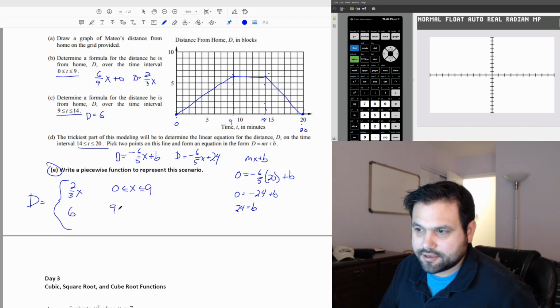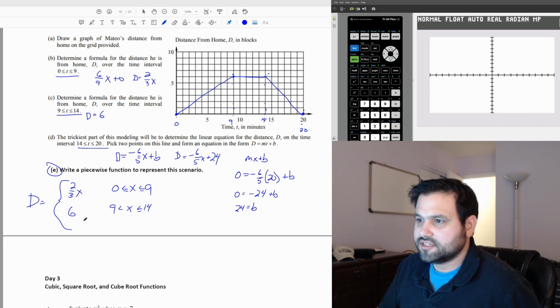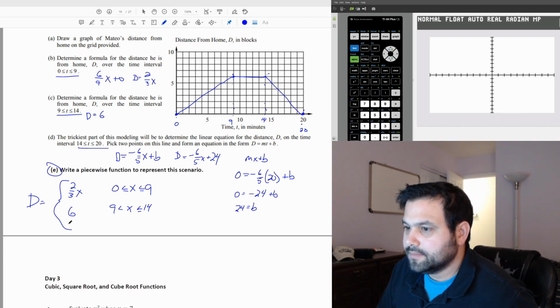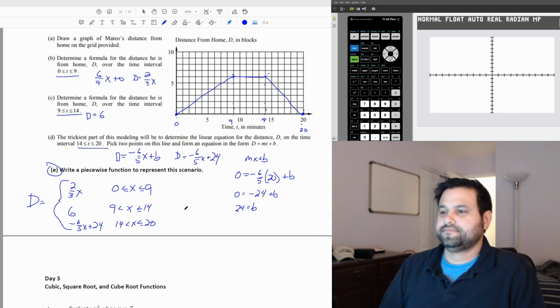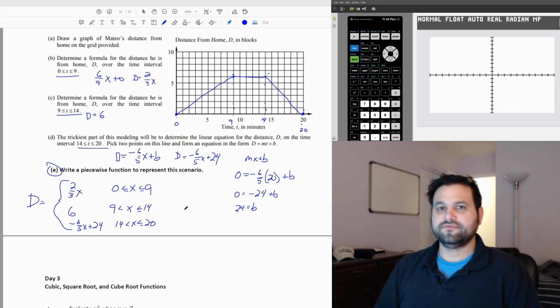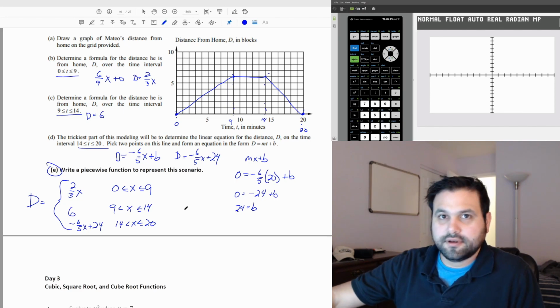So now I cannot include it again. And that goes to 14. I have no problem including that one. But then obviously on the next rule, -6/5 x plus 24, that's going to be from 14 to 20. And there we go. There's our piecewise function for that awesome situation.